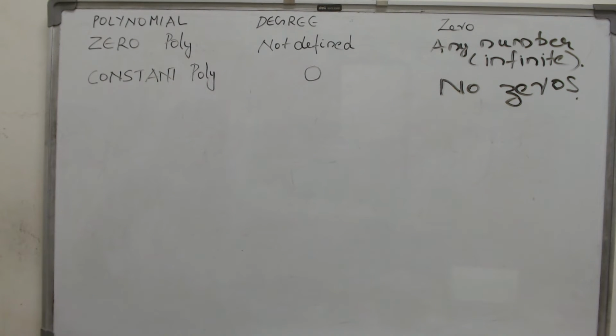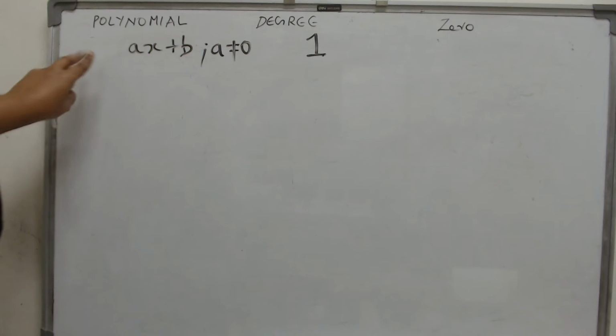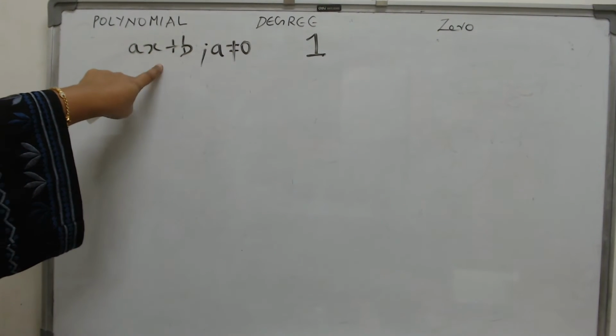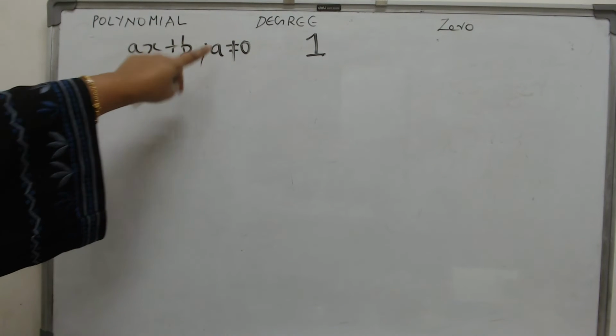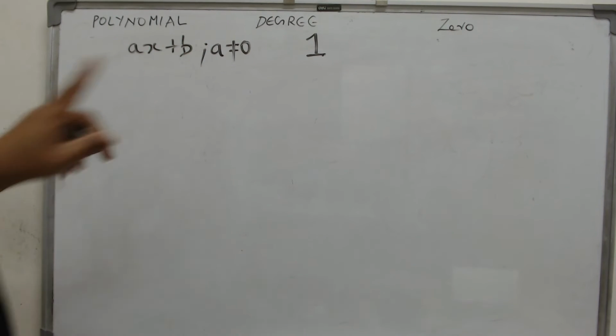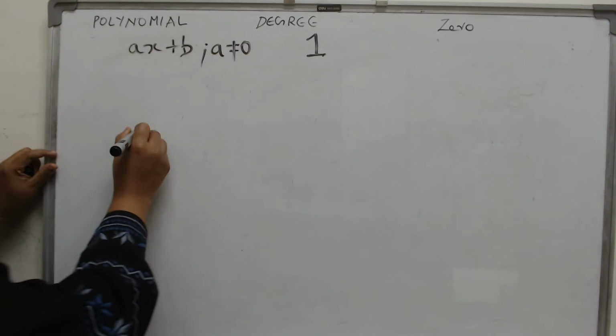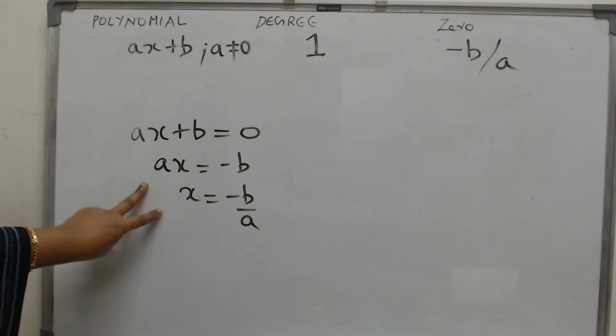Now let us start with degree 1 and degree 2 and so on. Let us go to degree 1. How does any polynomial of degree 1 look like? We have already discussed it. Your polynomial of degree 1 looks like this. It is of the form ax plus b, where a cannot be 0 and its degree is 1. Now let us find its 0. This is how you find its 0.